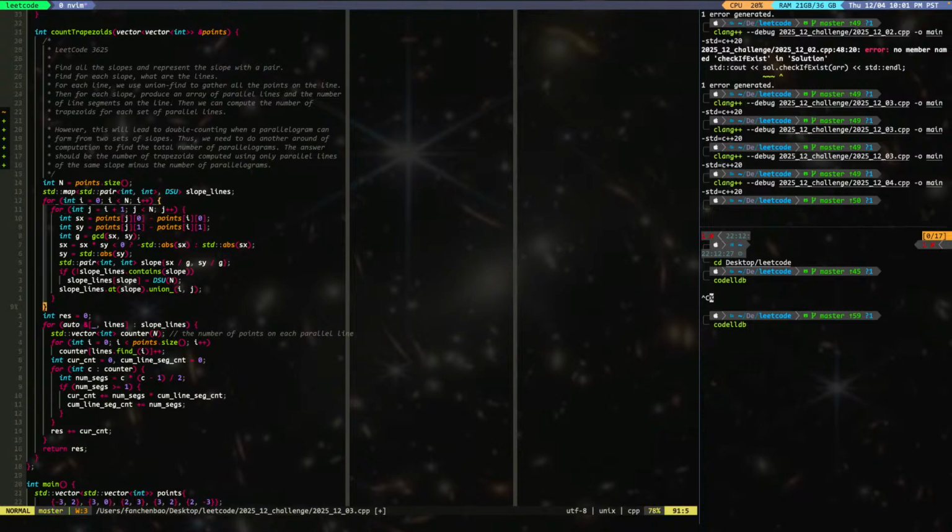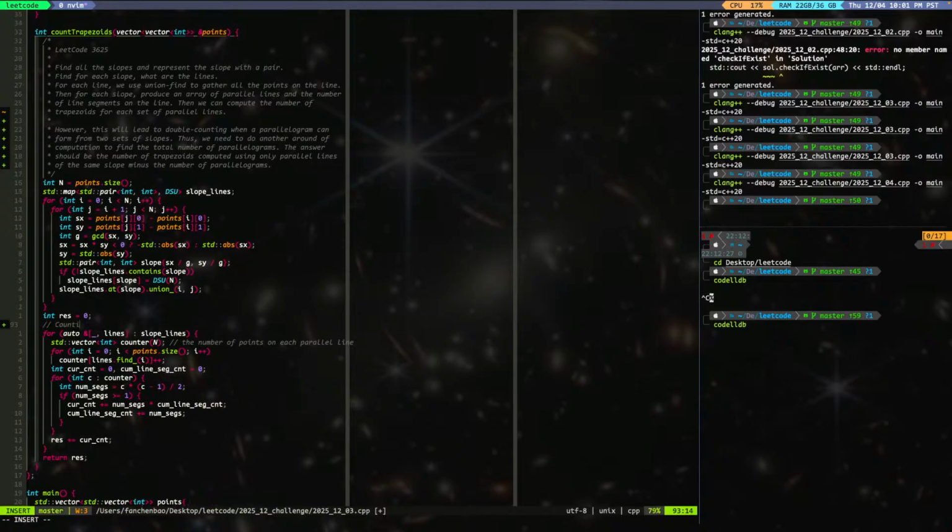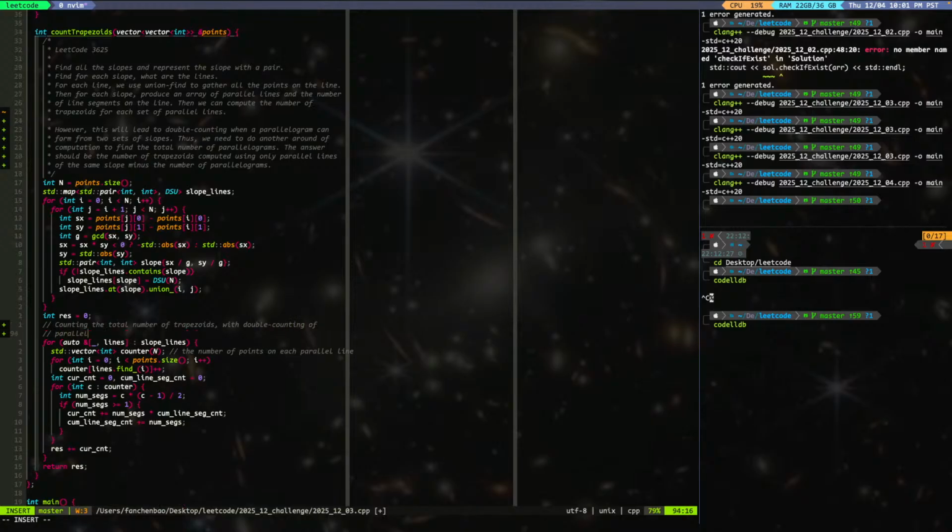So here is res. So this is counting the total number of trapezoids with double counting of parallelograms. Then we shall count and remove the double counted parallelograms.